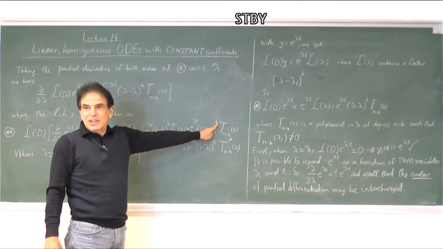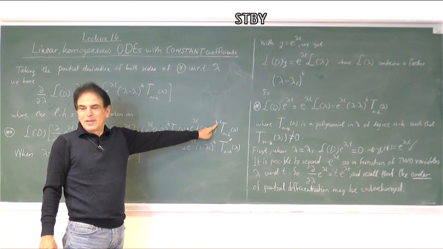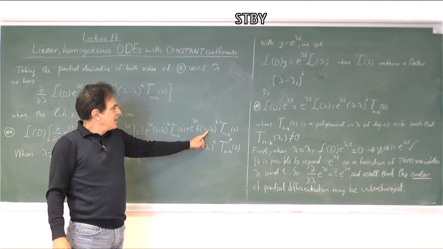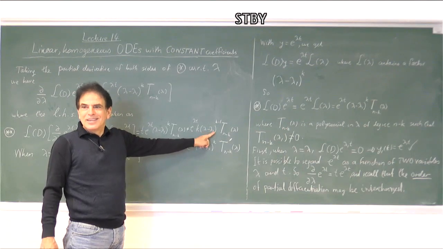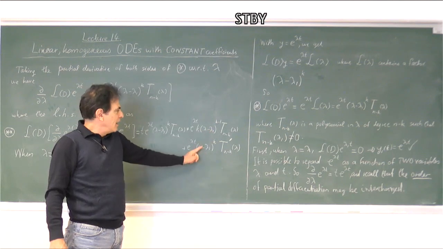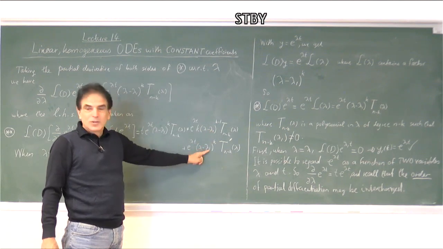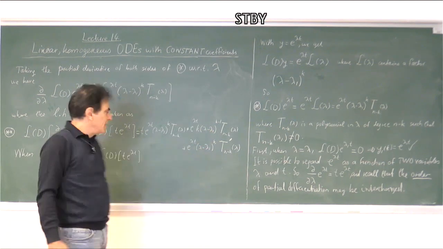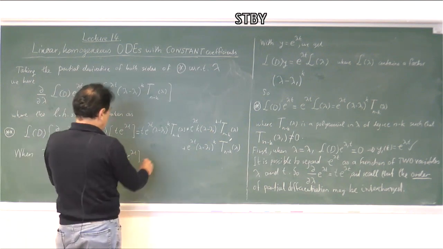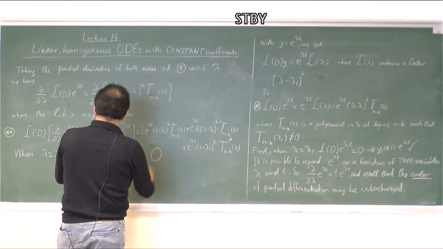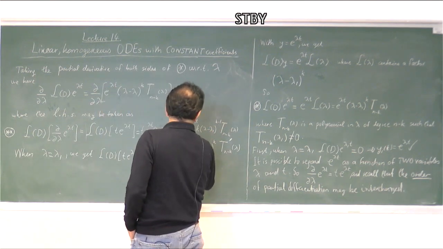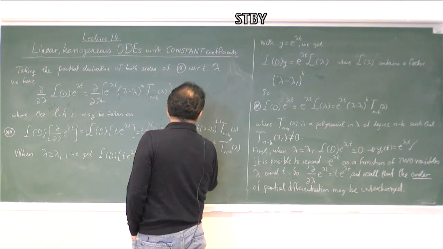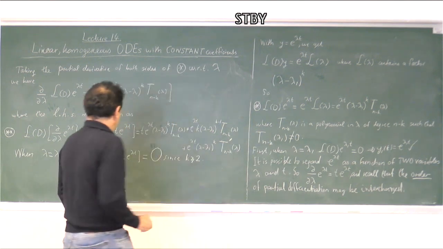Because k is larger than or equal to 2, there is a factor here, lambda minus lambda 1, which is 0 again when lambda is lambda 1. And this factor is also 0, making the last term 0. So what is the result? We get L equal to 0, since k is at least 2.